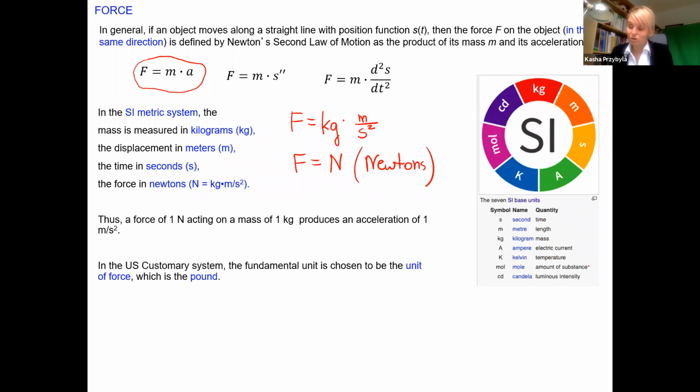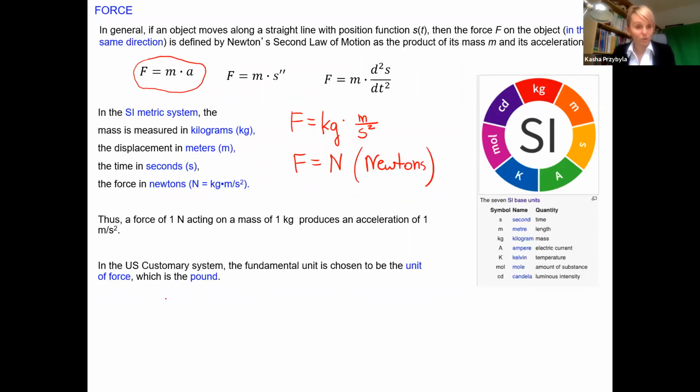Amount of substance is the mole, for chemical particles, and luminous intensity is the candela. That's just the units, but we will focus on those. So 1 newton means that a force of 1 newton acting on a mass of 1 kilogram produces an acceleration of 1 meter per second squared.